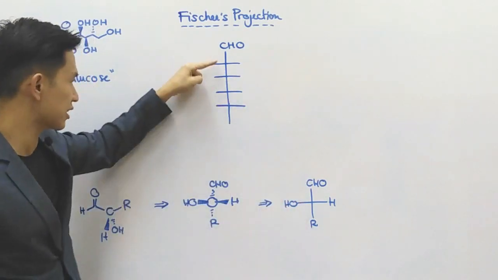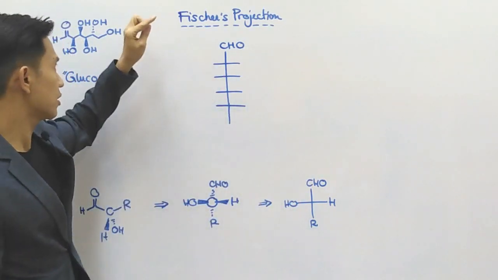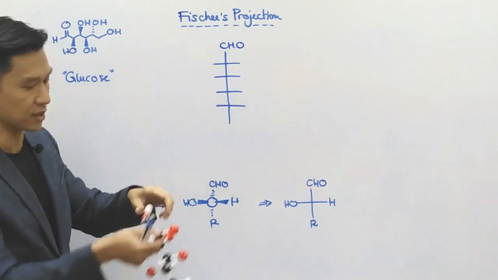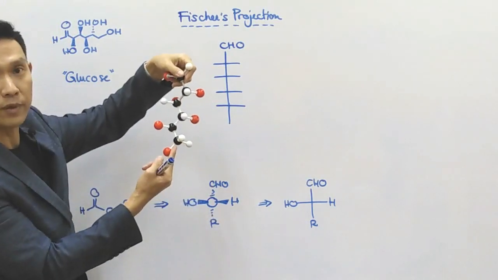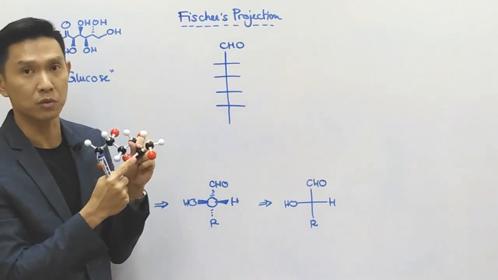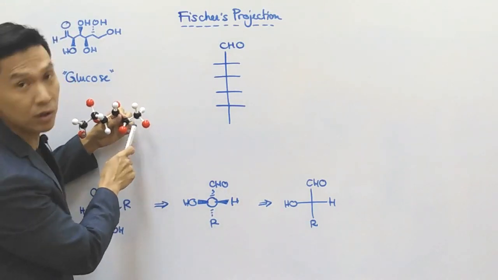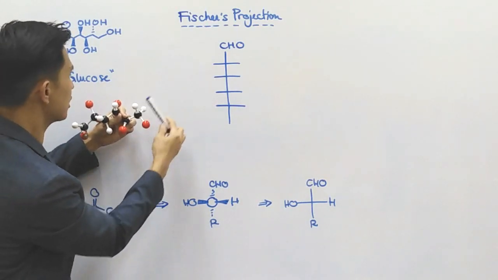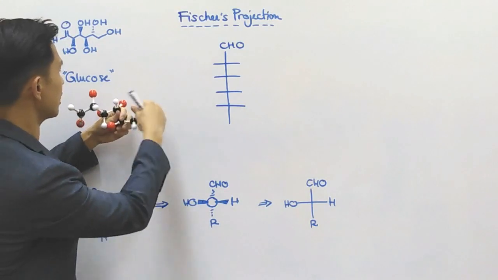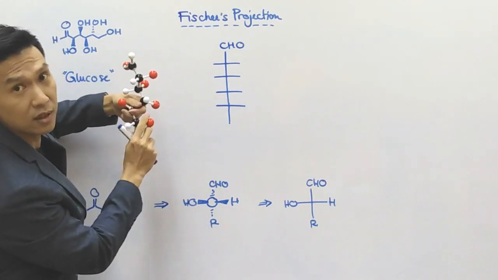Right? So each intersection contains one carbon atom. Okay, so we have 1, 2, 3, 4, 5, and 6. Carbon number 6 is this one. Right? As you can see, carbon number 6 is achiral. It is not a stereogenic center because you have 2 hydrogen atoms together like this. So it can rotate in any direction, right?